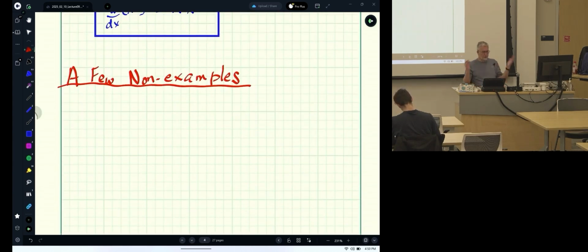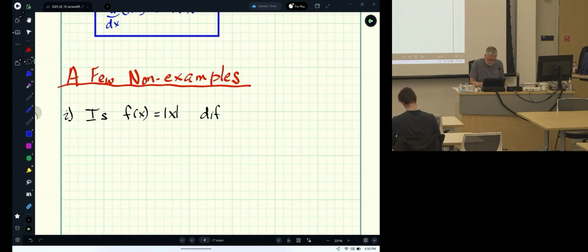So when I'm understanding a new area, I try to understand, okay, this works under this hypothesis, and if I break one of them, here are counterexamples. It helps me understand the limits of what I'm working on. So let's ask this question. Is f of x equals the absolute value of x differentiable at the origin?